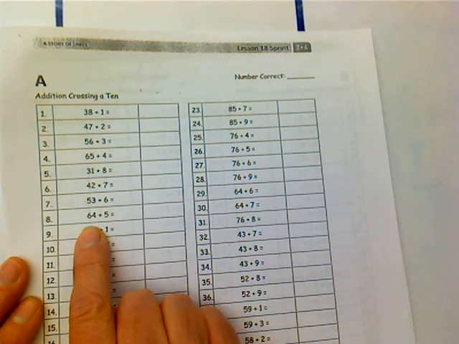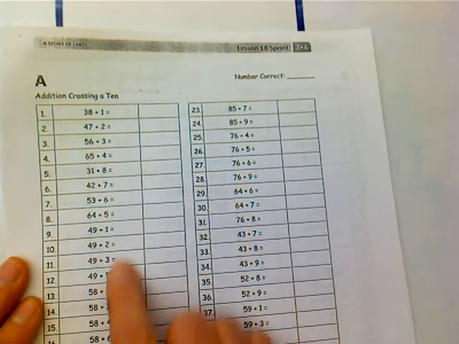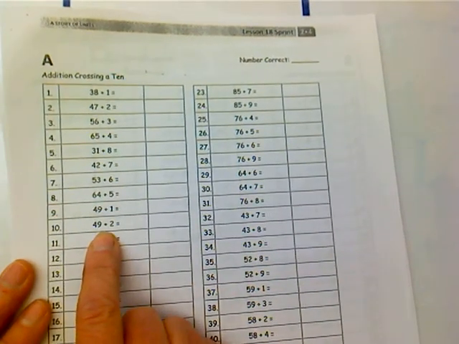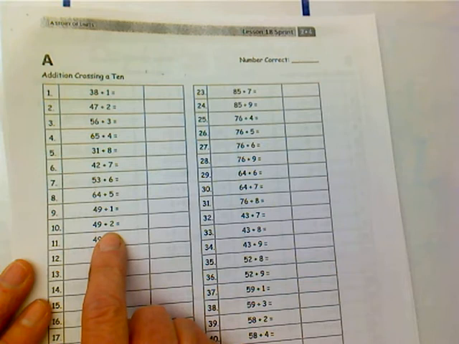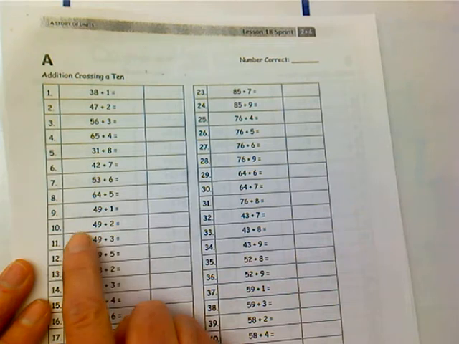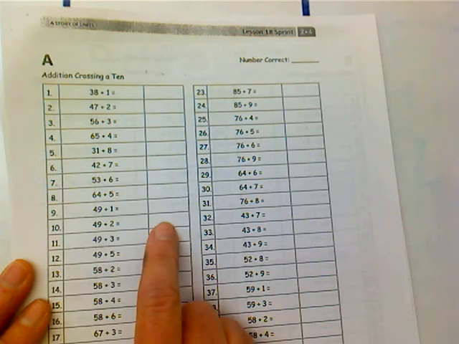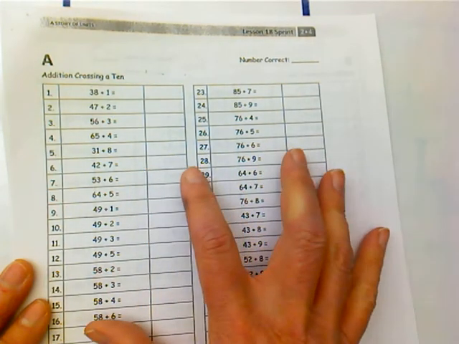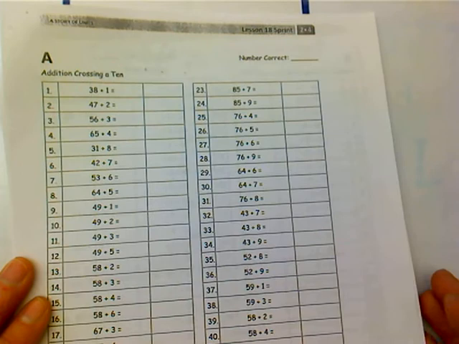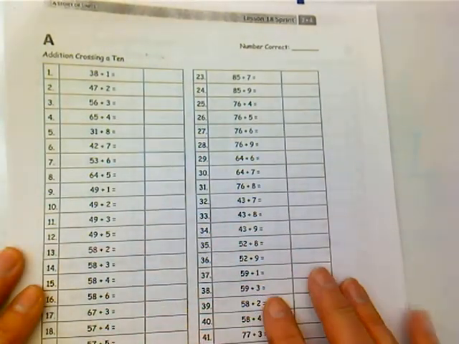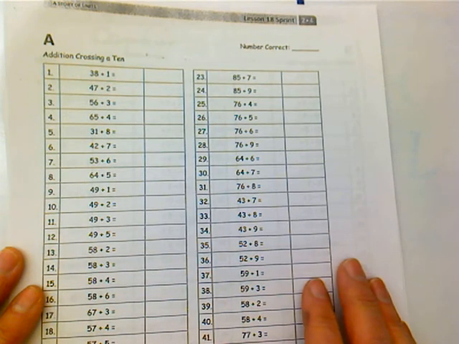So composing a 10, the first few are fairly easy, but I'm looking at problem number 10 just for example. 49 plus 2, if you can think that you can compose a 10 because 9 ones plus 2 ones is 11 ones, so you've got 1 ten and 1 one. That would make this 50 with 1 left over, which would be 51. This particular exercise is very good at helping kids to mentally compose that 10 for quick addition with a double digit and a single digit.